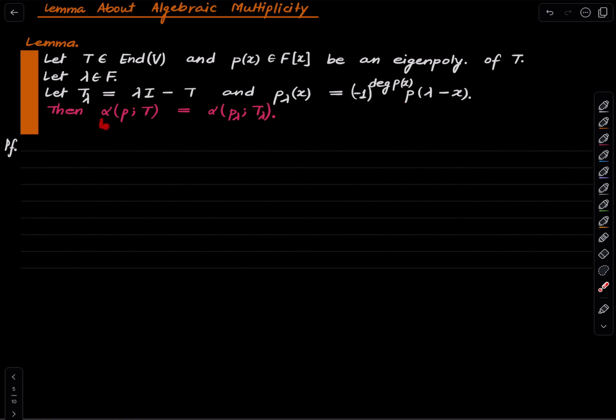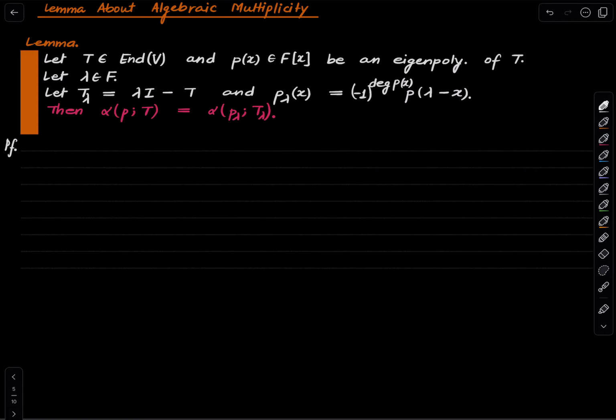Then the algebraic multiplicity of P with respect to T is the same as the algebraic multiplicity of P lambda with respect to T lambda. Right, P lambda is an eigenpolynomial of T lambda, as we just proved in the previous page. So this expression is meaningful, and this equality is what we want to establish.